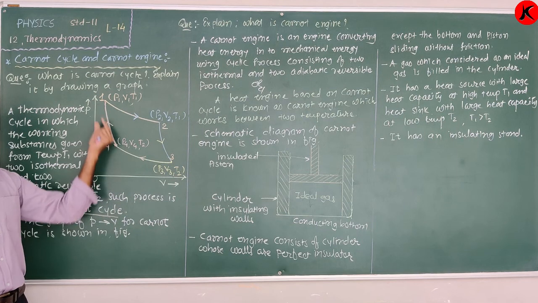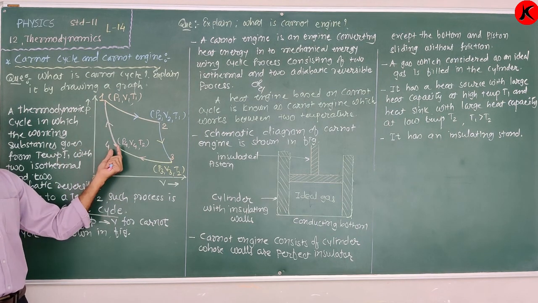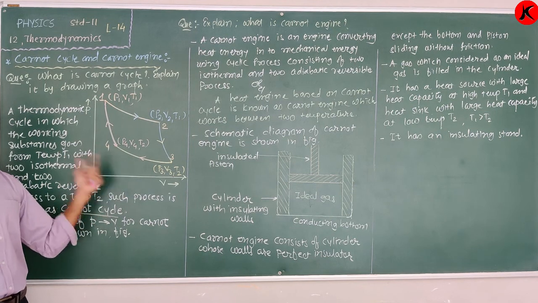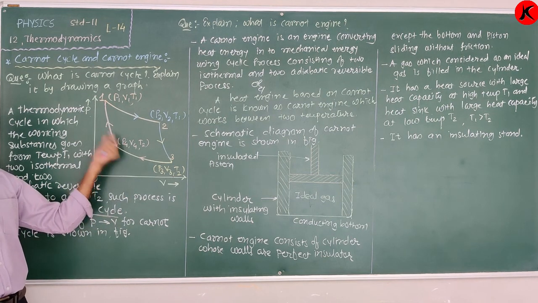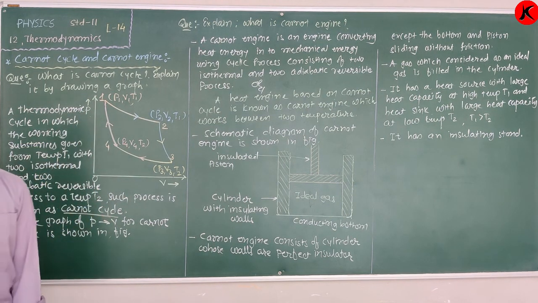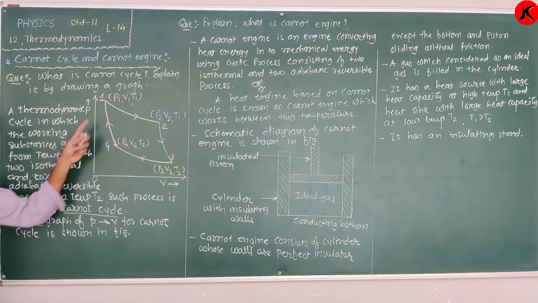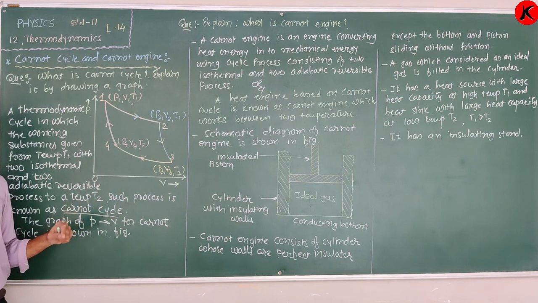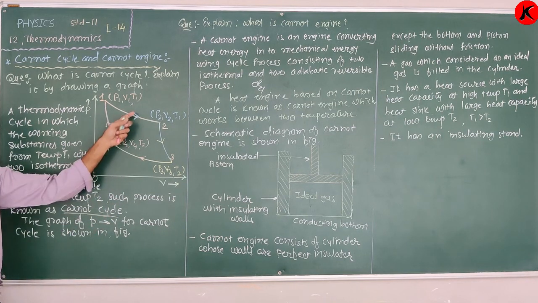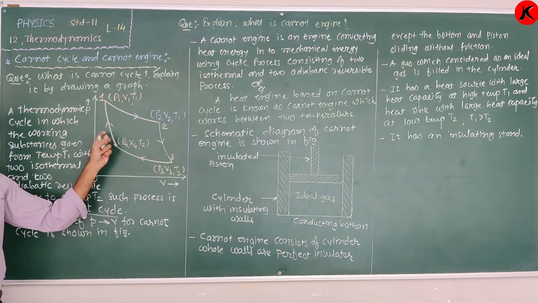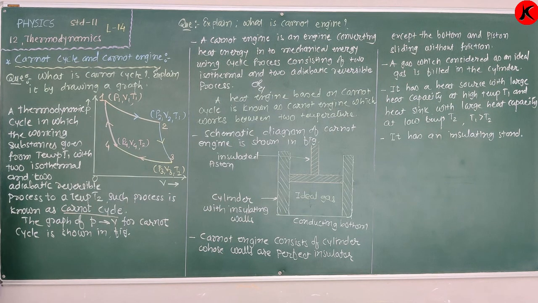Now again going to the initial state 1, with no exchange of heat, the temperature changes from T2 to T1. So this cyclic process is known as the Carnot cycle, and this Carnot cycle is completed by two isothermal and two adiabatic reversible processes. Clear? So the Carnot engine works on the basis of the Carnot cycle.